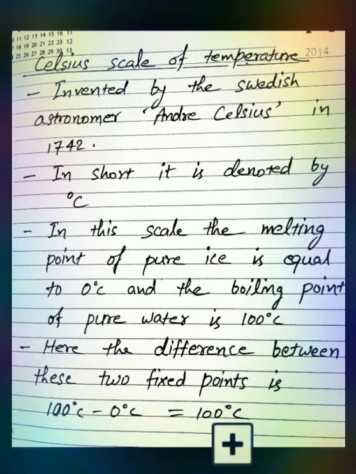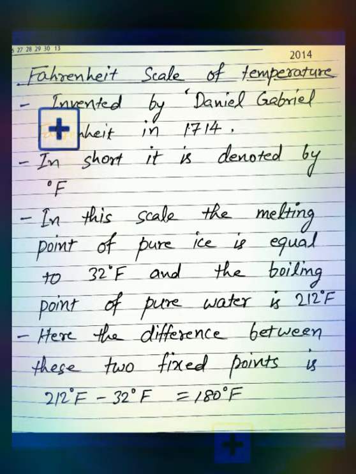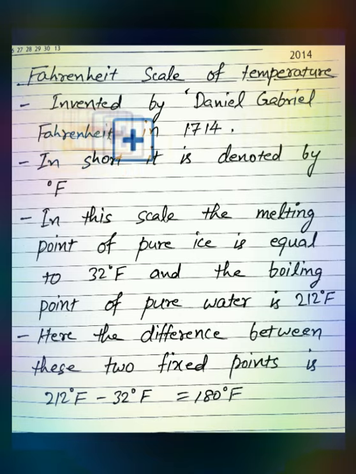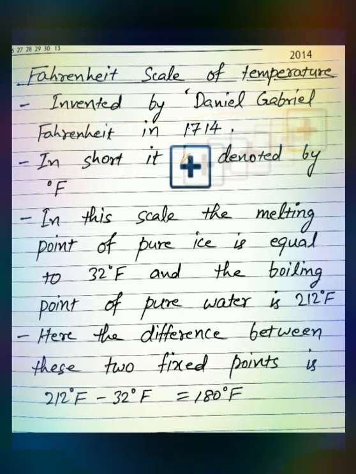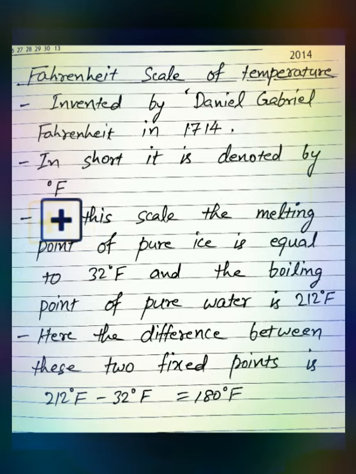Now, students, we will take the second scale, or we have to study Fahrenheit scale. Fahrenheit scale of temperature, you can see, is invented by Daniel Gabriel Fahrenheit in 1714. In short, it is denoted by degree and capital F, degree Fahrenheit.